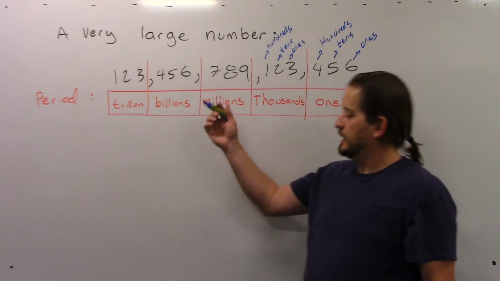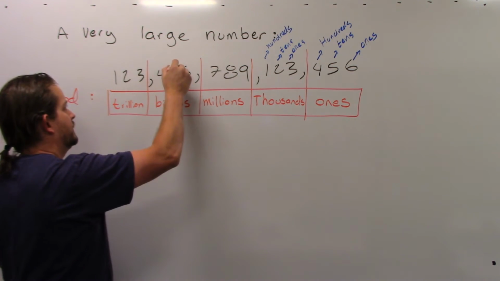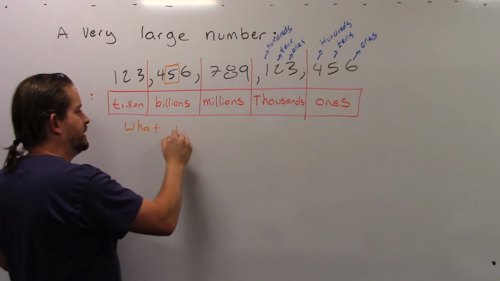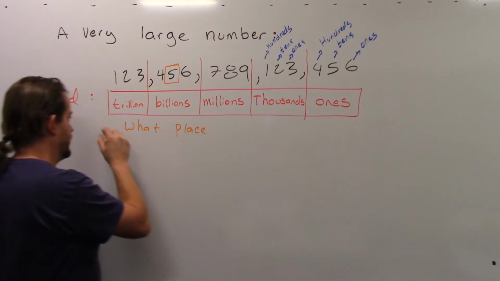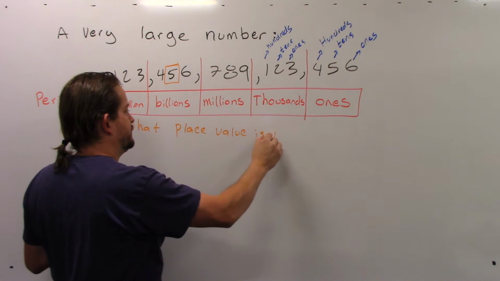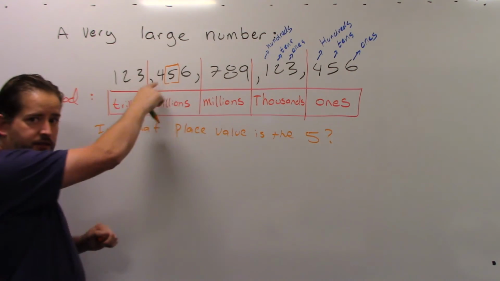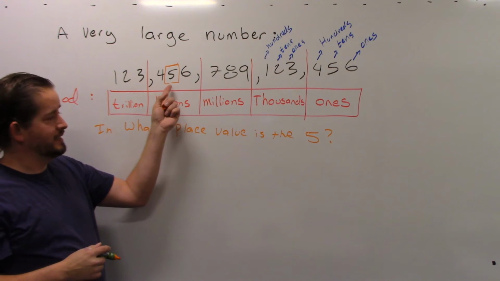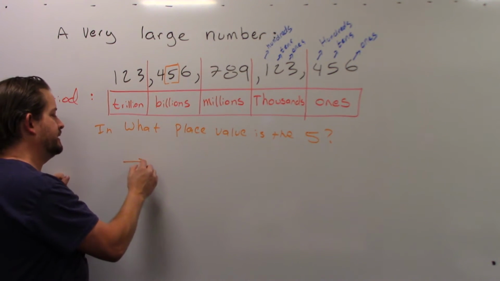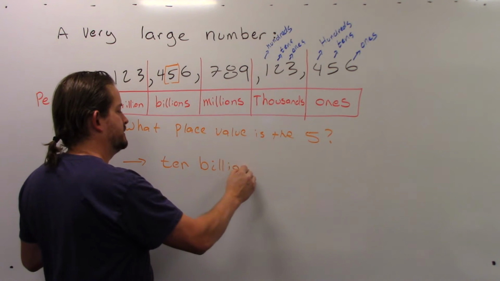So any digit, say for example this 5 right here, if we're asked in what place value is the 5, this specifically, this 5, not the other one, this 5 is in the tens place in the billions period, so we would say that this is in the 10 billions place.